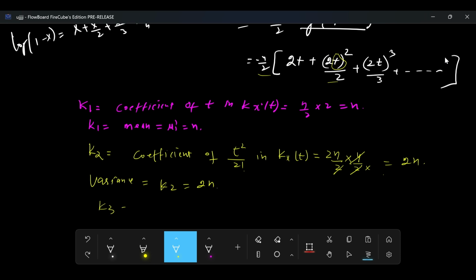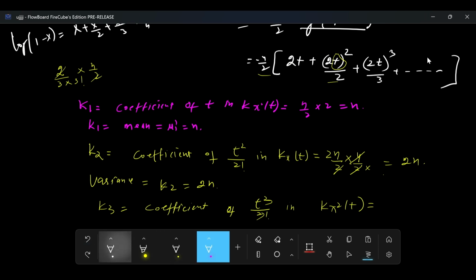Similarly k3, that is the coefficient of t cube upon 3 factorial in K chi square t. See, this is my 2 upon 3 into 3 factorial into n by 2. Wait a minute. K3.